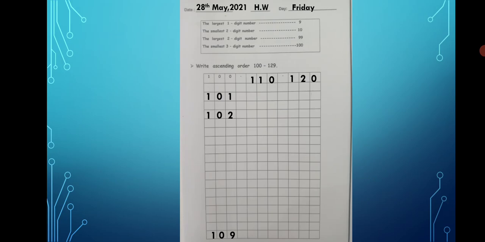Leave one box when you write 104 and at the end 109. Now write 110 on the top, then 111, 112 and so on. इसी तरह अब आपने 120 टॉप पे लिखना है और at the last में आपने क्या लिखना है, 129.